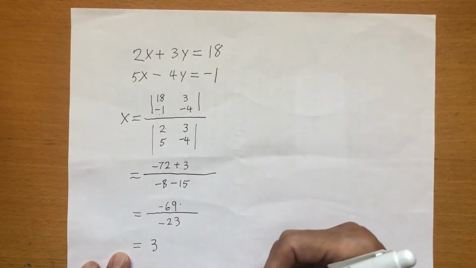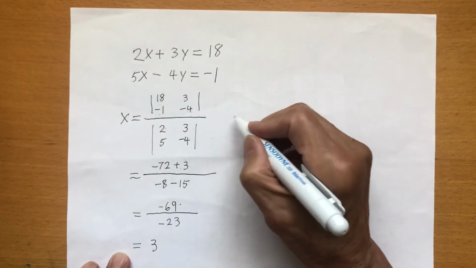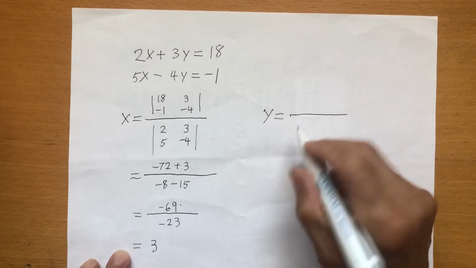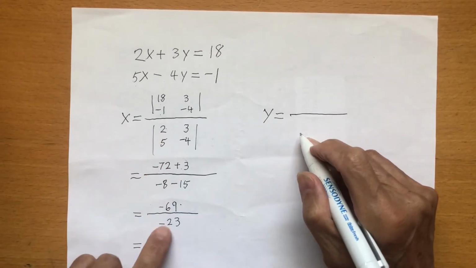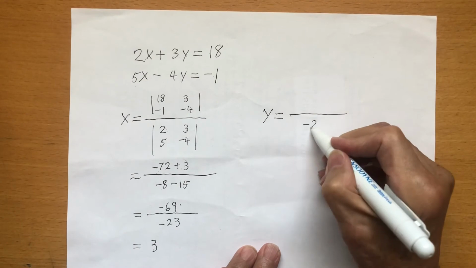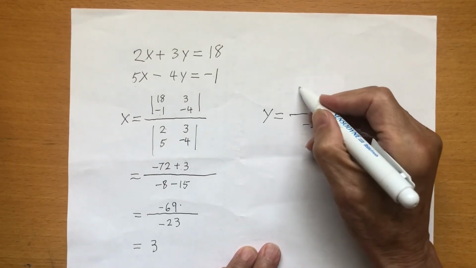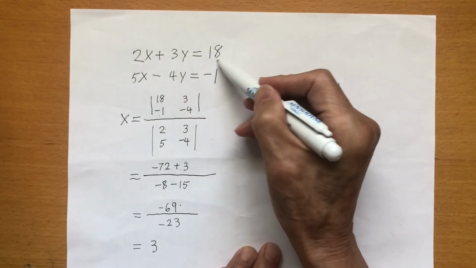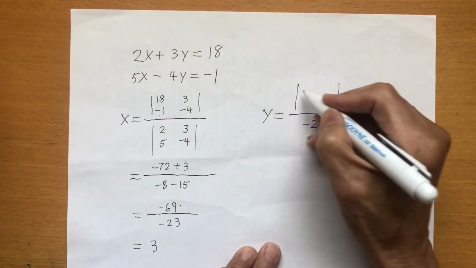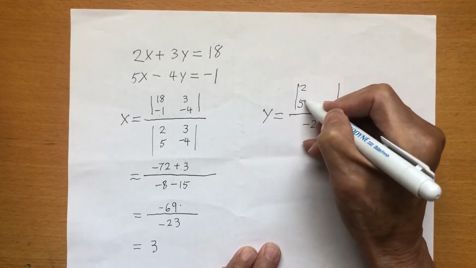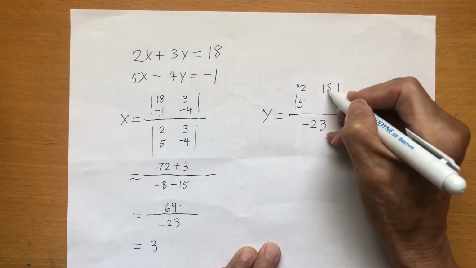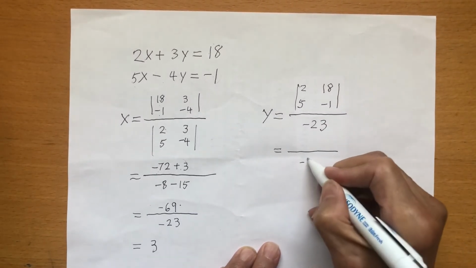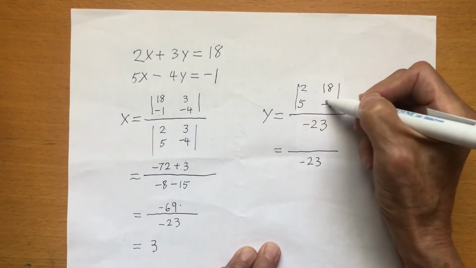By using the formula in this way, then what is y? The bottom is the same, which is negative 23. The top is different. You replace 3 and negative 4 by this and that. So I have 2, 5, 18, negative 1. So what is this? This times that is negative 2.